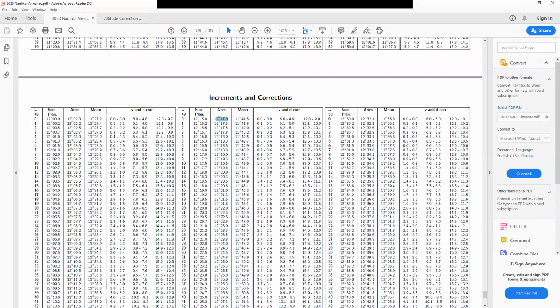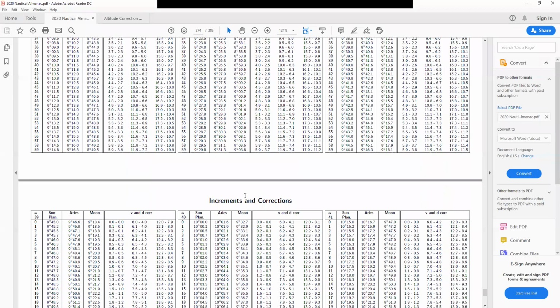So at 49 minutes, the increment, so the HA increment for Aries at 49 minutes is 12 degrees and 17 minutes. 12 degrees, 17 minutes. You can write that down in the meantime if you haven't done that yet. That's 12 degrees, 17. And we can go back to 20 minutes.